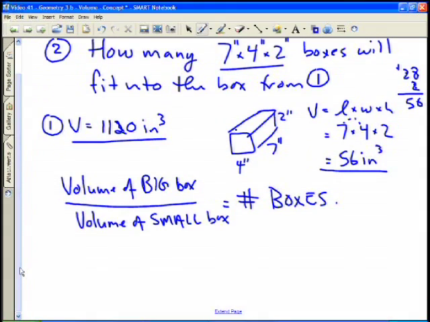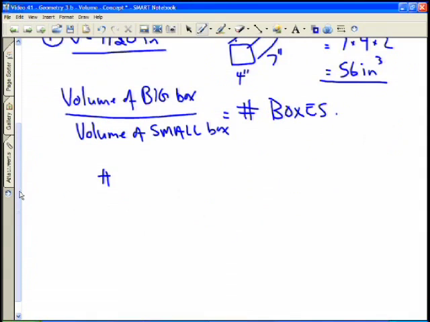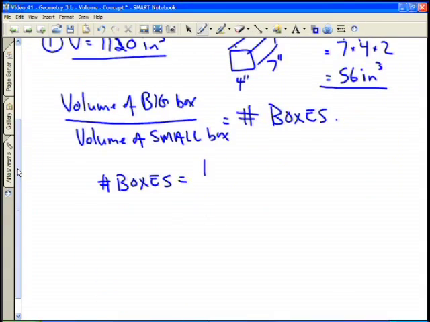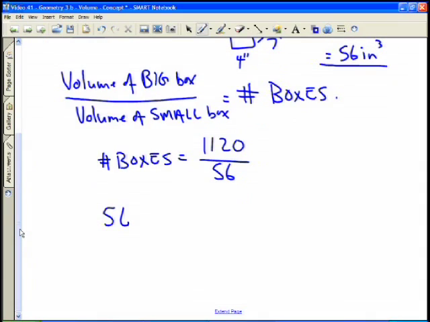And so we have then that the number of boxes is equal to 1,120, remember? 1,120 divided by 56. And so now this will give us a good opportunity to do our long division here. And so we have 56 divided into 1,120, and 56 doesn't go into 1 or 11, but 56 does go into 112 two times. 2 times 56 is 112, and we're left with a 0 remainder.